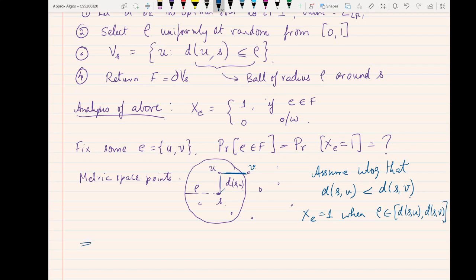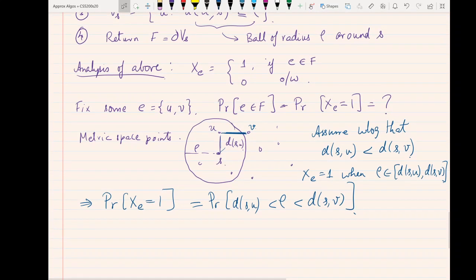Okay. So this implies that the probability that x_e equals 1 is equal to the probability that rho lies between d of su and d of sv, which is d of sv minus d of su divided by 1, because the interval is of length 1.